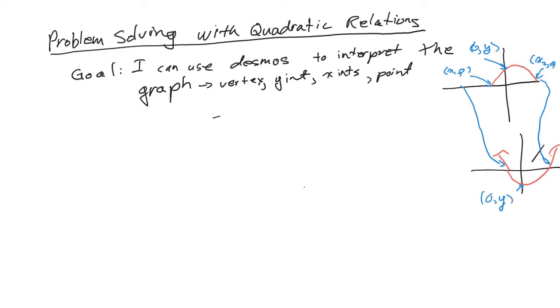Now we can use that to help us find information like the maximal point, which happens at our vertex. Remember, our vertex is either the lowest point or the highest point on our graph. And that's pretty much it.